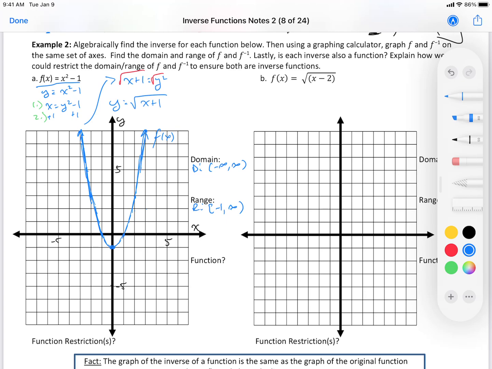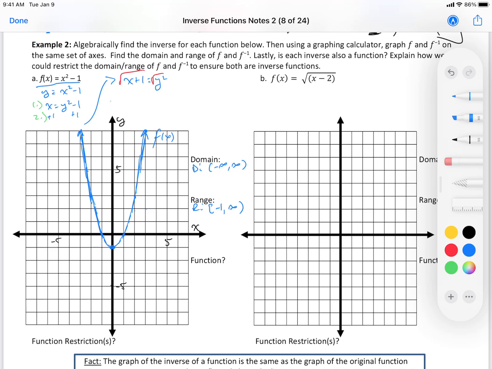But remember, when we're taking the square root of a square, we actually have to include plus or minus. So, hold on, I use red for the final, so I'll rewrite this again.